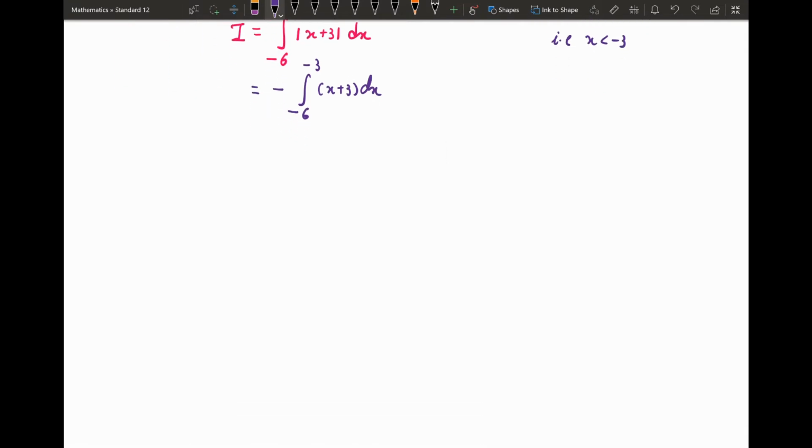Now we can easily evaluate this. This is x square by 2 plus 3x from minus 6 to minus 3, term wise integration. This is for portion alpha. Now put the upper limit x equal to minus 3: 9 by 2 minus 9.